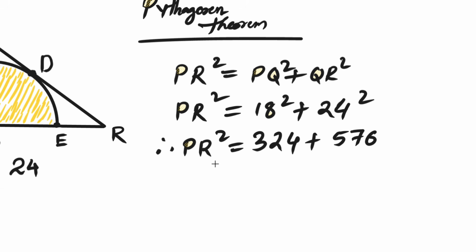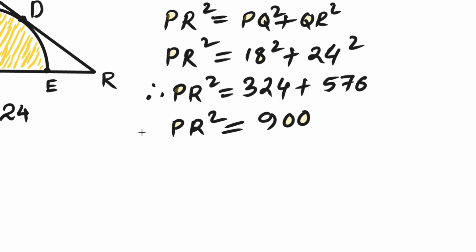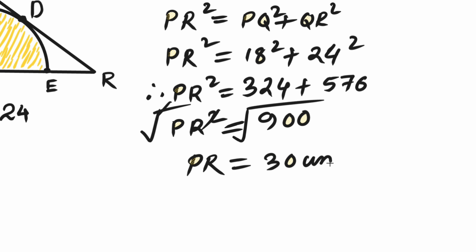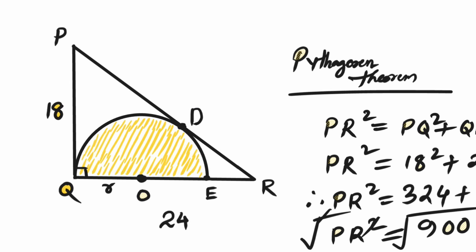That gives us 900. So PR squared equals 900. Taking the positive square root, because the length must be positive, we get PR equals 30 units. So now our large right triangle has side lengths 18, 24, and 30 units.